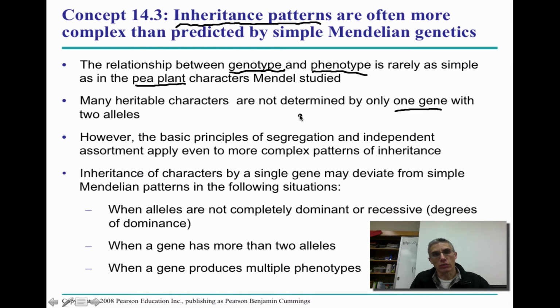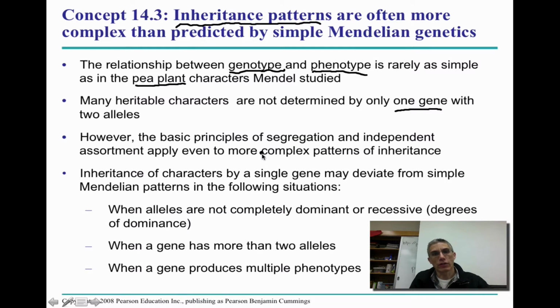In other words, there are typically either multiple genes, or genes with more than 2 variations, or alleles, for that gene. So again, it can be a bit more complex. However, the principles of segregation and independent assortment that we talked about in screencast number 1 even apply to the complex patterns of inheritance that we're going to talk about in today's screencast.